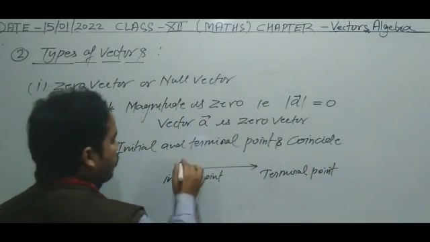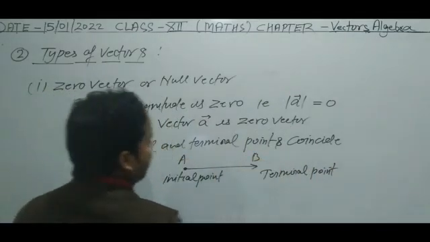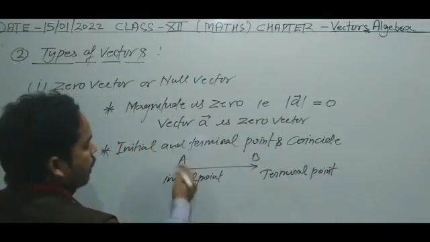Suppose this is A and this is B. So A and B coincide.